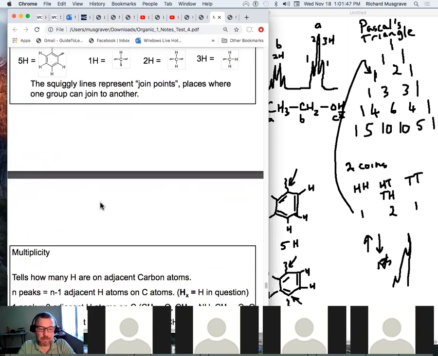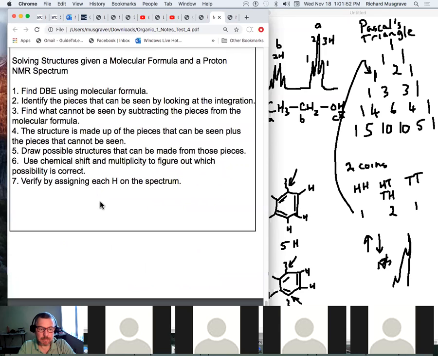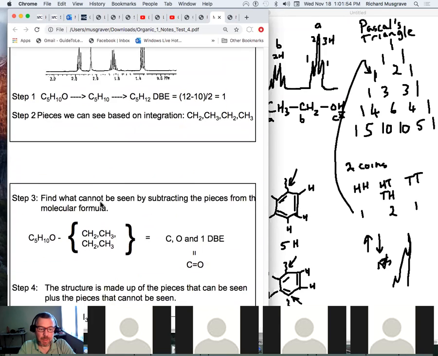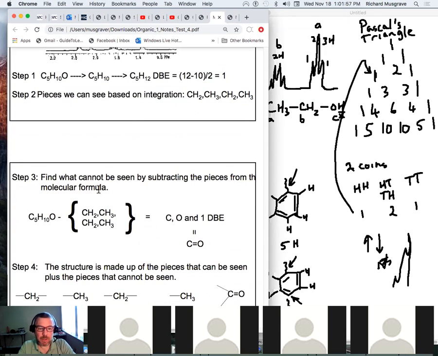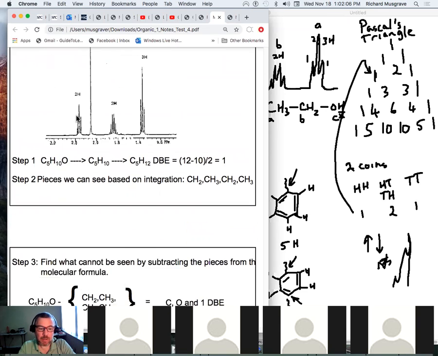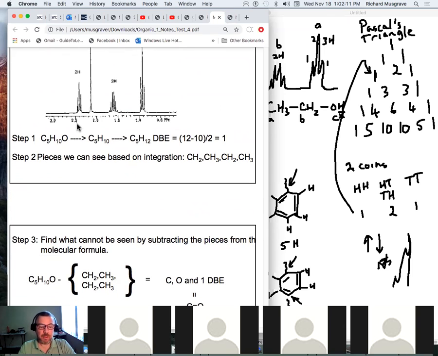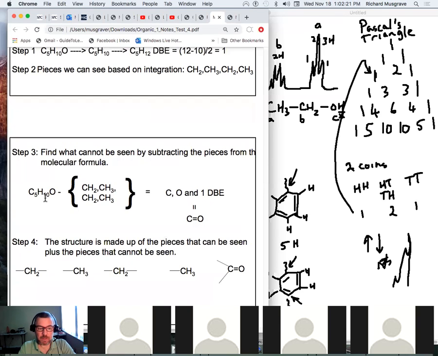The technique that I like to use here is a subtraction technique. I have the pieces that I can see and I subtract them out from the molecular formula that I have here, the C5H10O, and then I ask myself what's left over. The idea is if you subtract everything you see from the entire thing, all you're left with are the things you cannot see in the spectrum. So in this instance, what's left?